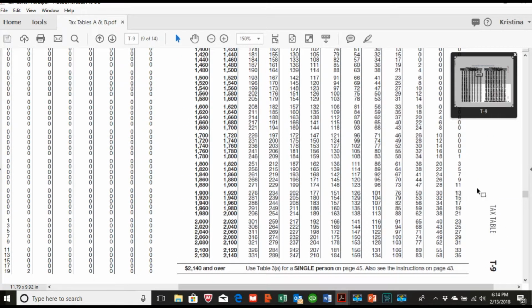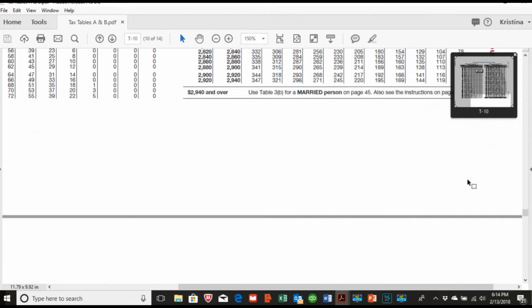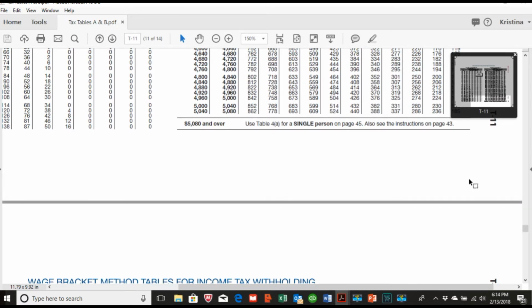So see, this is where we start having an amount. And that is really the easiest way to do it. Or we can multiply the value of one allowance by the number of allowances exceeding 10, and add this amount to the column for 10 allowances.